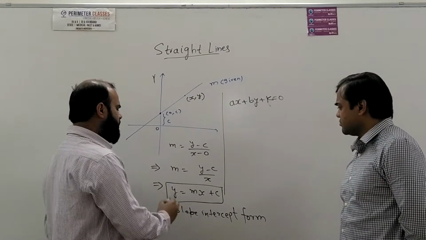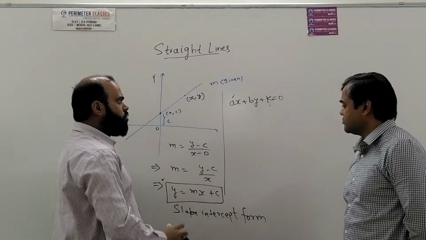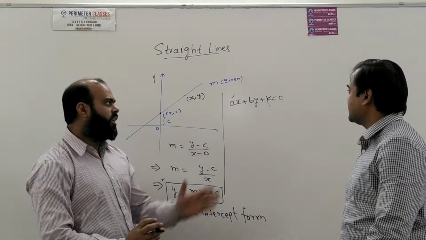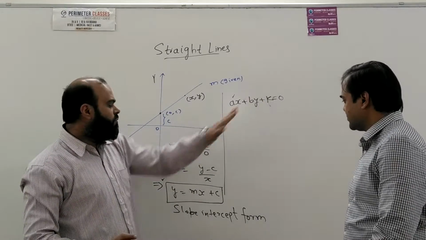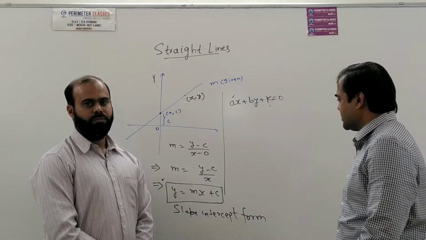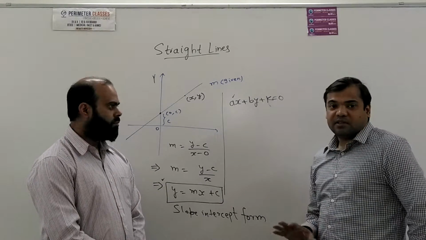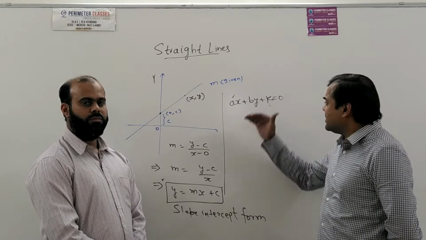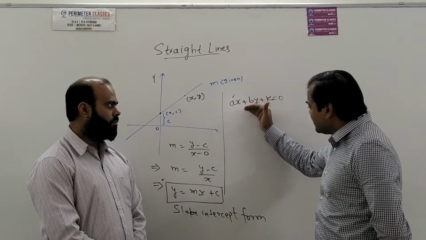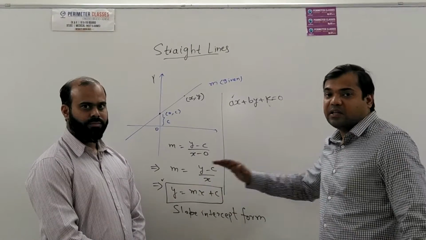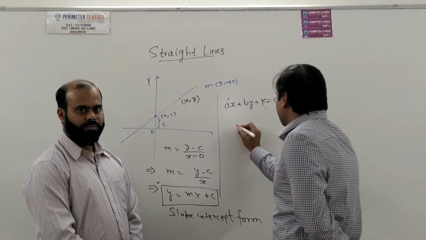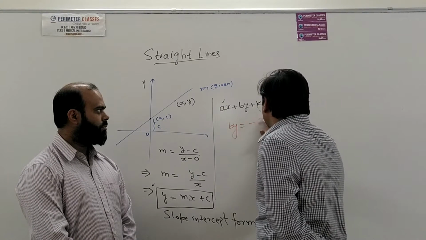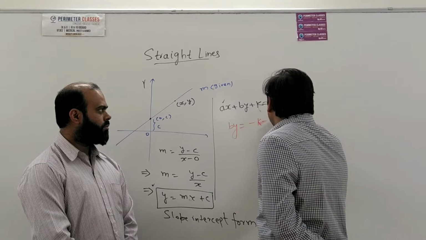So can you relate this one with this one? Let me explain how you can relate the general equation of a straight line with the slope-intercept form. These two are basically the same thing, just the way in which we have written these two equations is different. We can rearrange this equation so that it will look like the equation in terms of slope. So here I can write b into y is equal to minus k minus a into x.